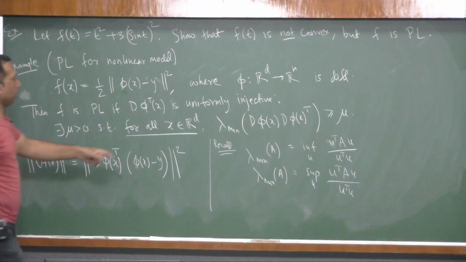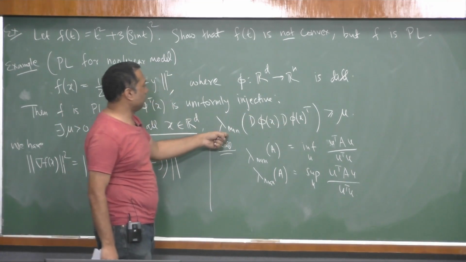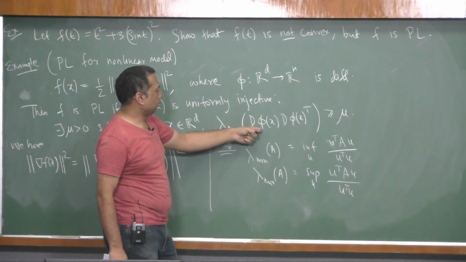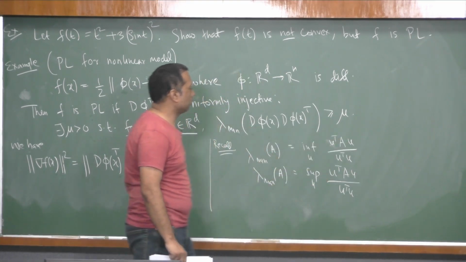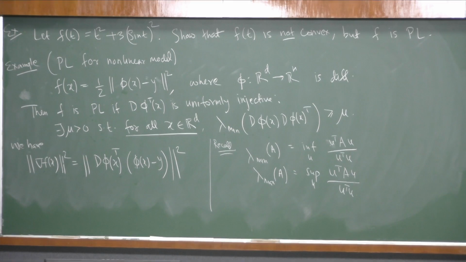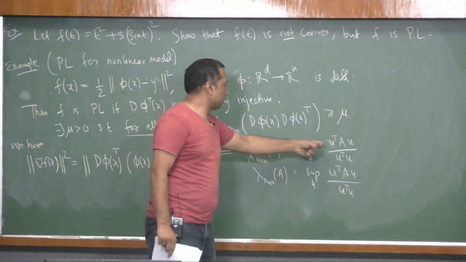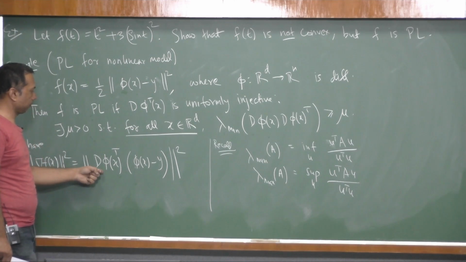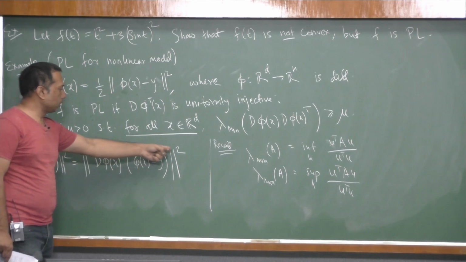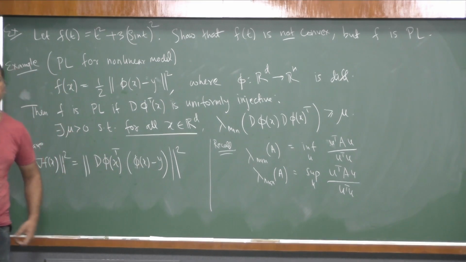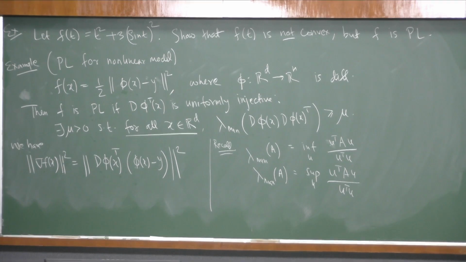So in place of A we have this guy, right? So lambda min of this being greater than or equal to 0 means that this ratio is greater than or equal to mu. If this ratio is greater than or equal to mu, then how do I connect this? To connect this you have to expand this norm, right? Norm of x squared is x transpose x.